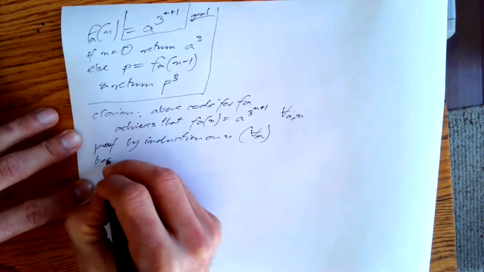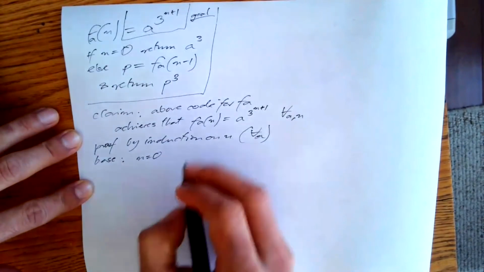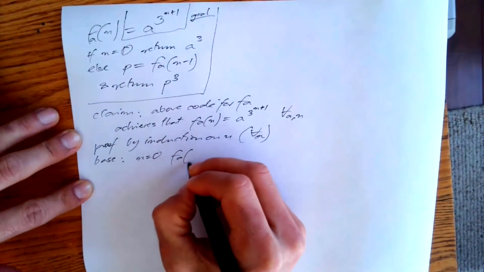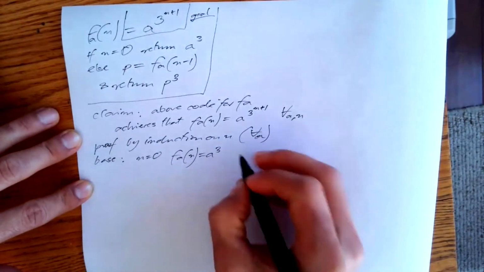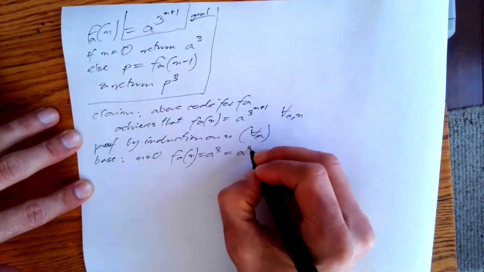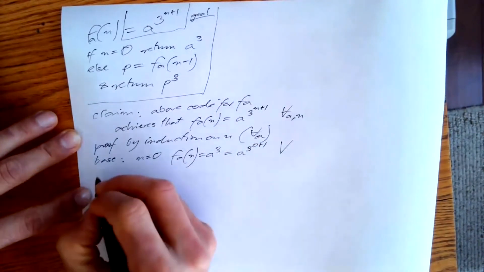Okay, so base is that if n is 0, then fa of n returns a cubed, and that's indeed a to the 3 to the 0 plus 1. So we're done.